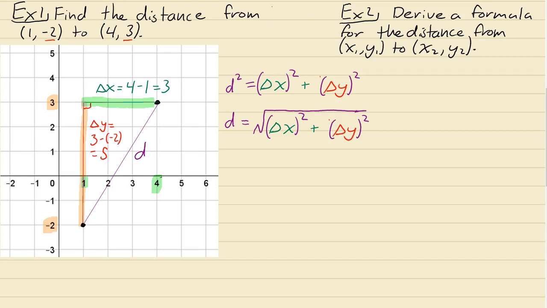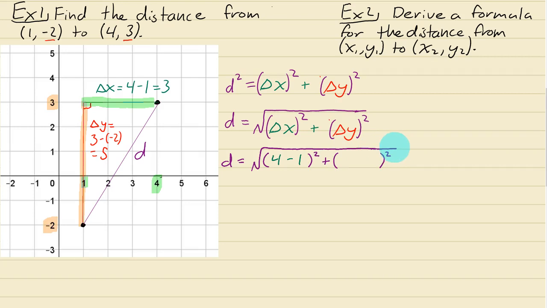So I could also write it in this other format, replacing the delta x with 4 minus 1, and call it d equals the square root of that delta x squared, but the delta x is 4 minus 1, like I was saying, which is going to come out to 3, of course. We have that plus the delta y squared.